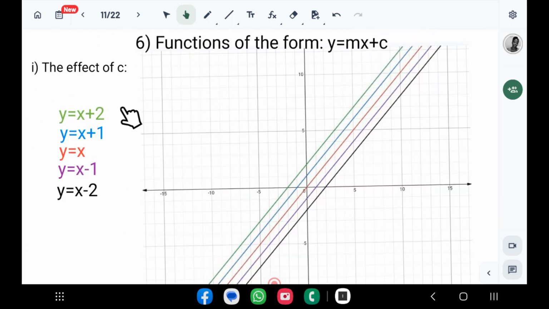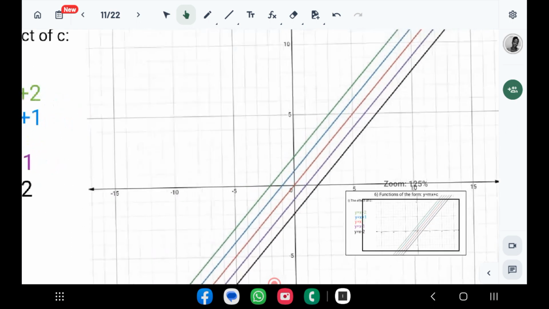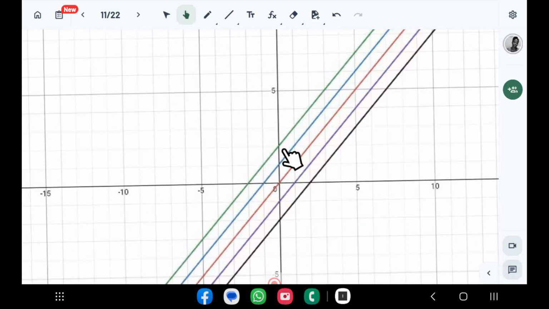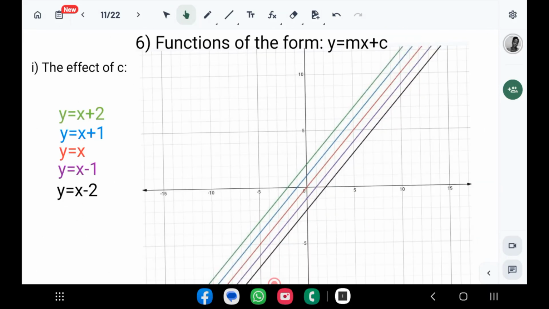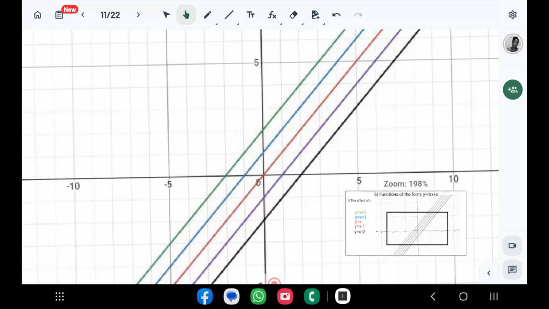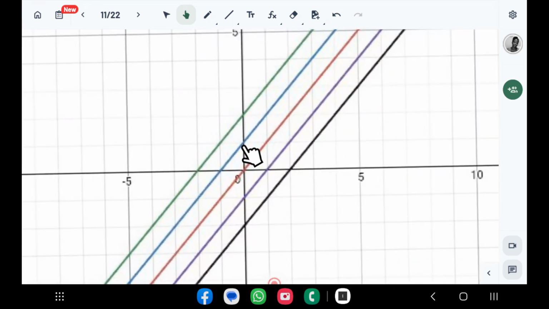Same thing when your c is equal to 2. You've got the green graph. It cuts the y-axis at the point 2. What happens when your c is negative? That means you shift the graph down. Y equals x minus 1, that is the purple graph, was shifted 1 unit down.